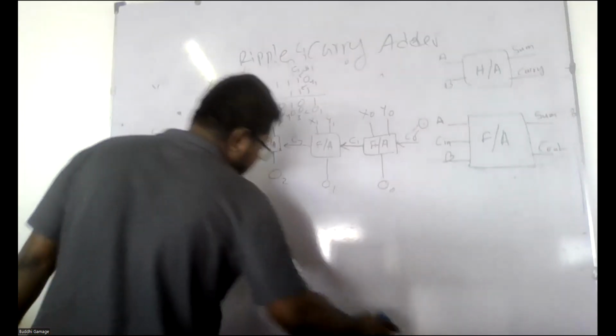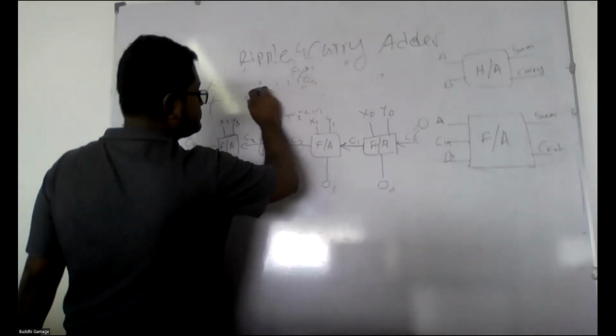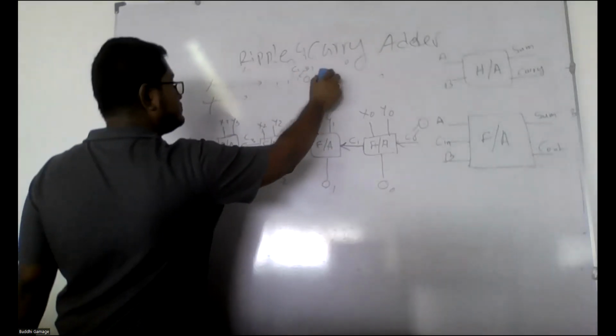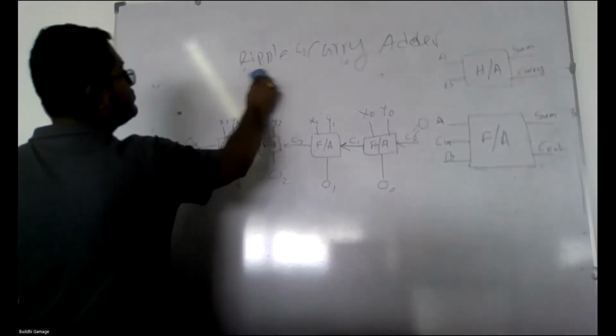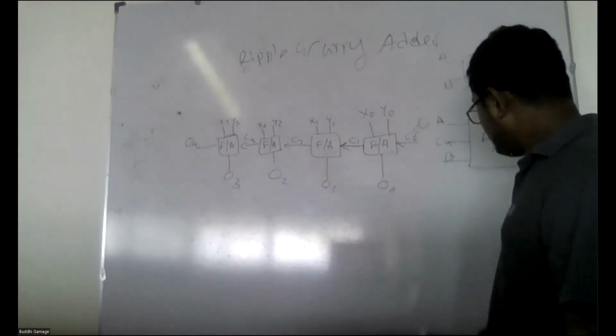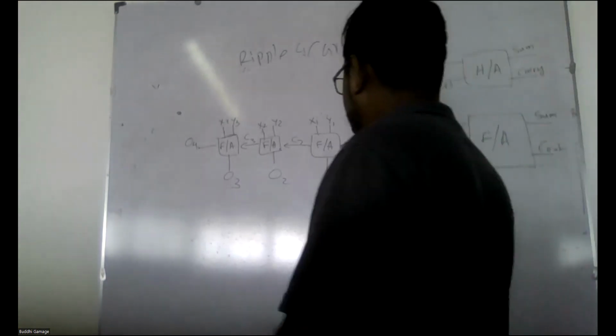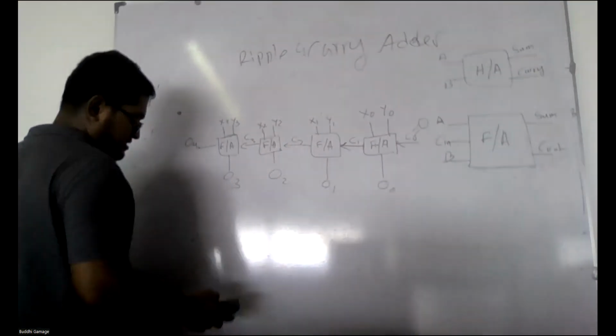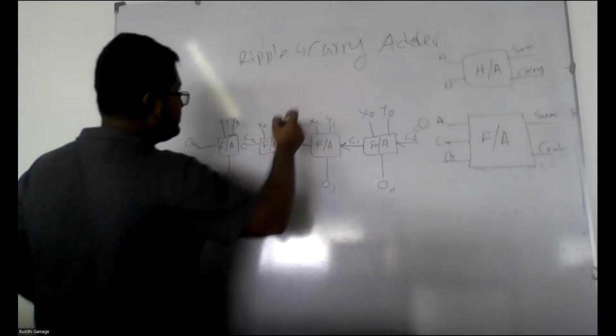So these are the block diagrams. So this whole circuit will be represented as the ripple carry adder.